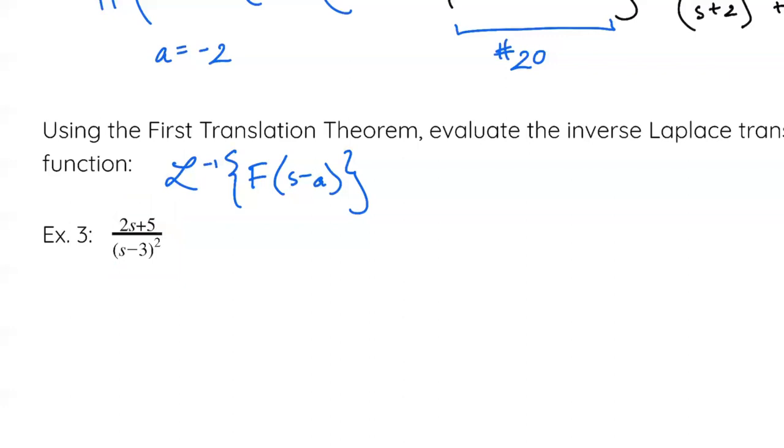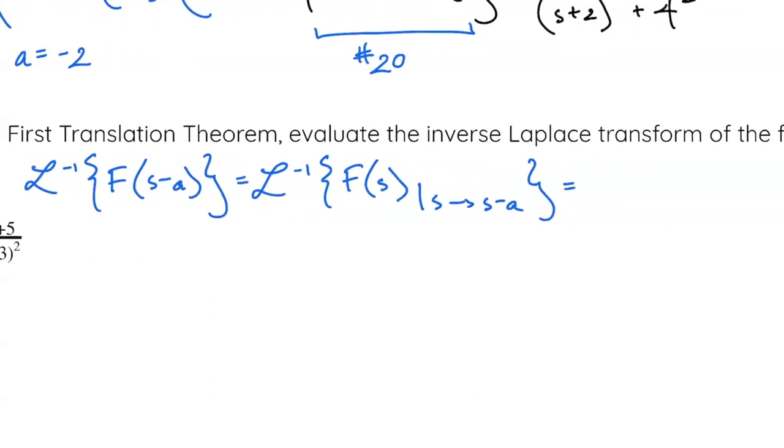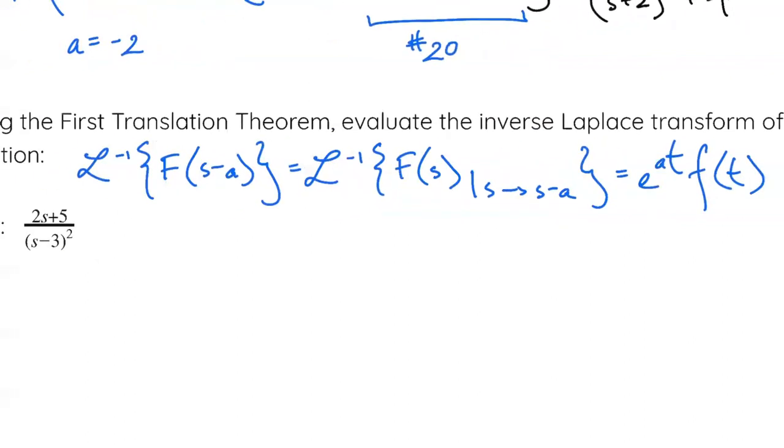So when we see this kind of structure, what we're saying is that we can work backwards, that we can take the inverse Laplace of just F of s shifted, and that's going to be equal to e to the at times f of t.